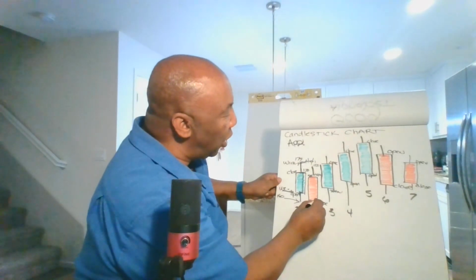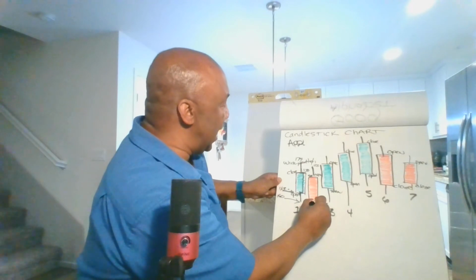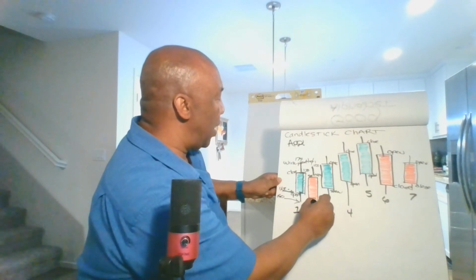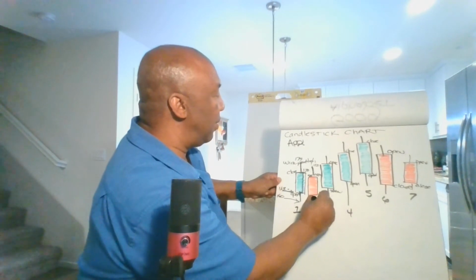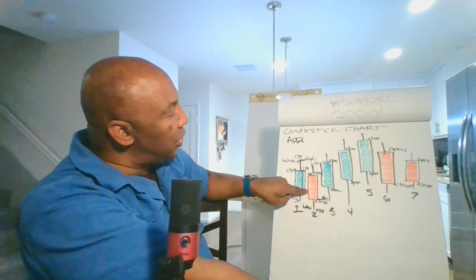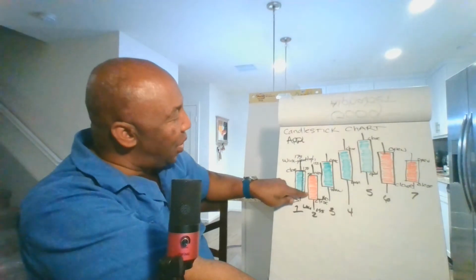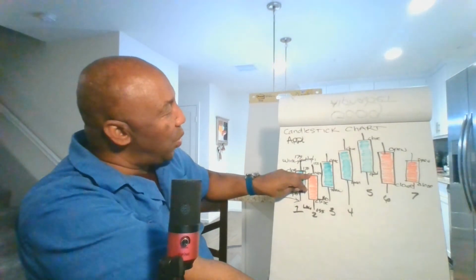And so by the close of the market, it came up here and it ended at around 160. So you see how that, but the reason why it was a bearish day, because it was lower. It was lower than the open. That's what I should say.